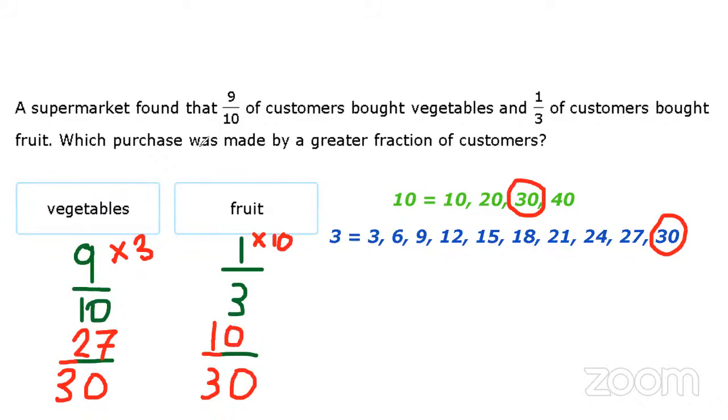Now it asks which purchase was made by a greater fraction of customers. 9/10 is for vegetables, 1/3 is for fruit, and so since 27 out of 30 is greater than 10 out of 30, it means then that vegetables was the greater purchase. The greater purchase was vegetable.